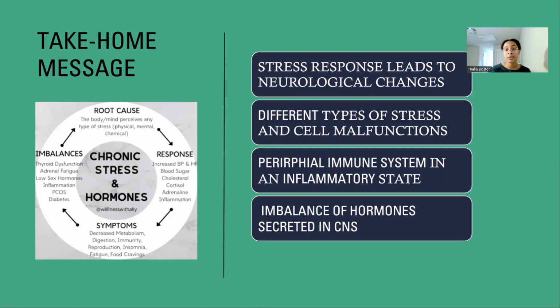Then it creates a pro-inflammatory state in the central nervous system by increasing the amount of cytokines in the immune system. Because it creates a pro-inflammatory state in the central nervous system, there's an increased imbalance of hormones, which then shows up as mood swings in individuals, which then leads to even more serious neurological disorders.